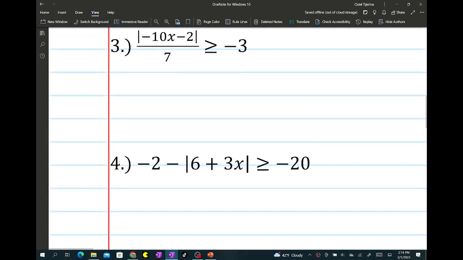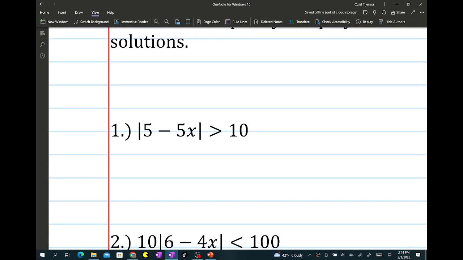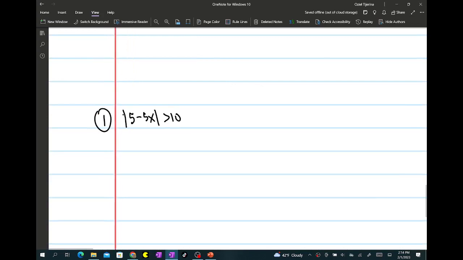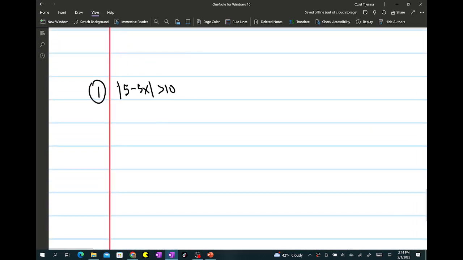This first one says the absolute value of 5 minus 5x is greater than 10. The first thing that pops out at me is that we can factor this inside expression.